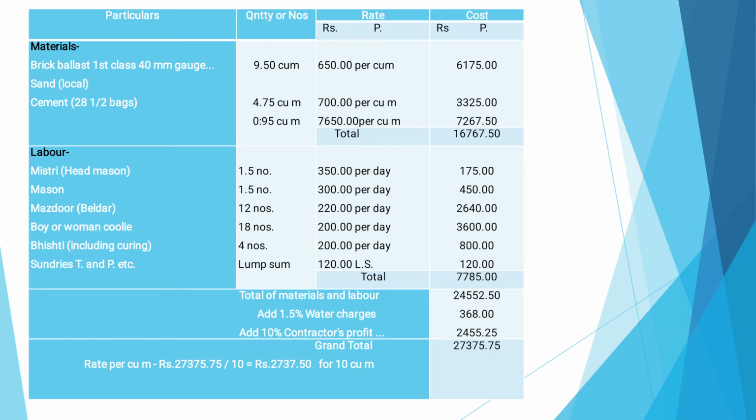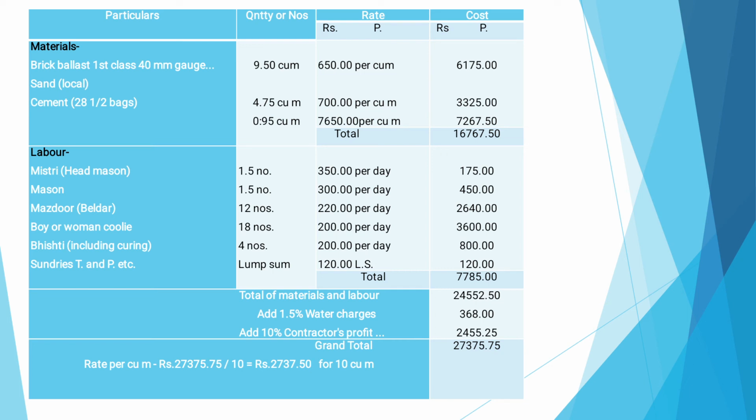For labor, the first is head mason, second mason, third Mazdoor, fourth boy or woman coolie, fifth bistri, and the last one is sundries T and P, that is temporary work or petty work. Head mason 1.5 numbers at 350 rupees per day, therefore 1.5 into 350 gives 525. Then mason 1.5 numbers into 300 per day gives 450 rupees. Then Mazdoor 12 numbers at 220 per day, the cost is 2640 rupees.